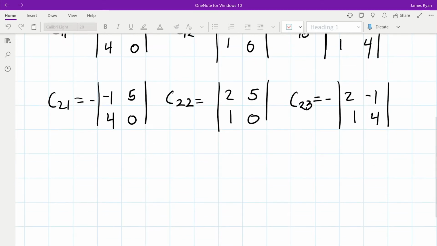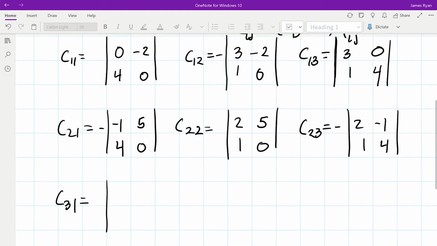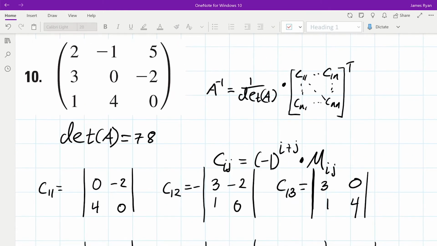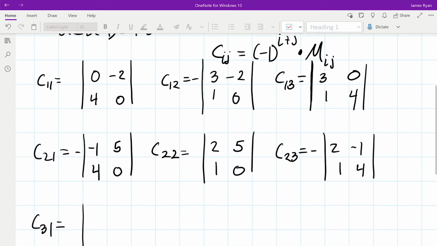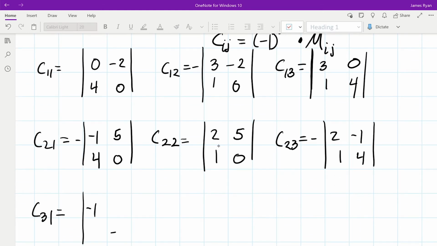And then computing the last row of cofactors, C31 is positive, the minor determinant -1, -2, 0, 5.